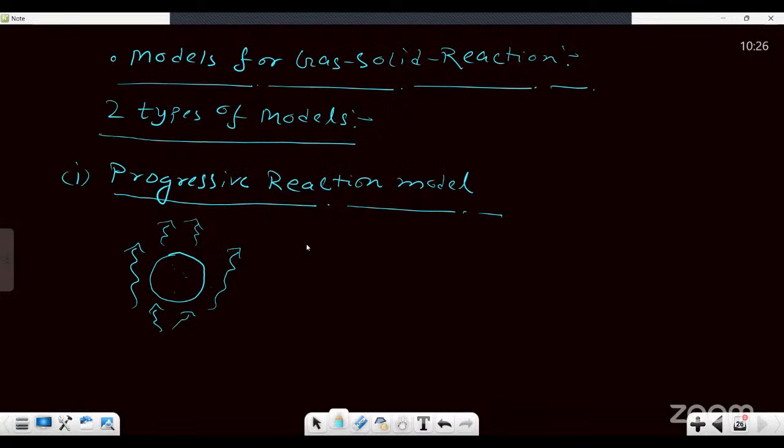What are the key features of the progressive reaction model? The first key feature is that the reaction occurs throughout the solid.